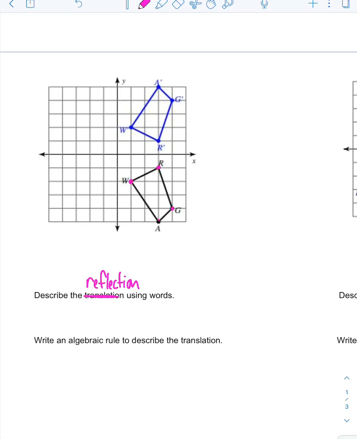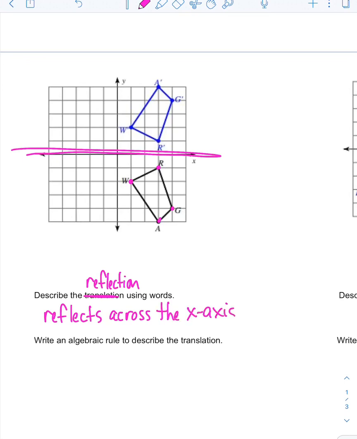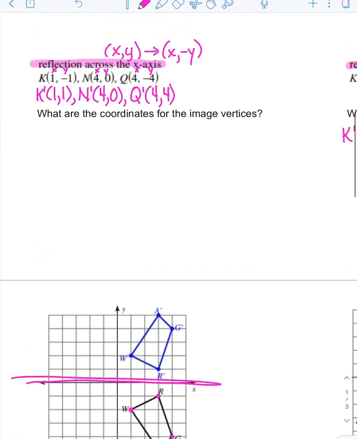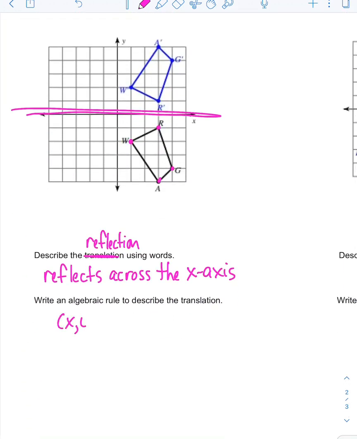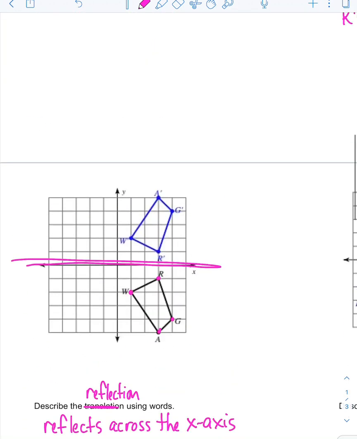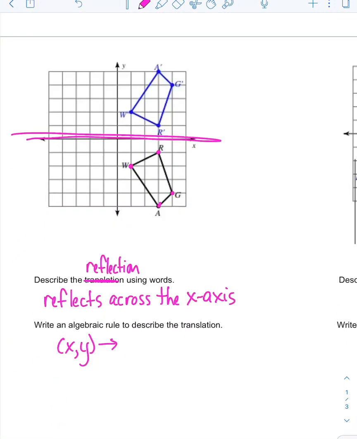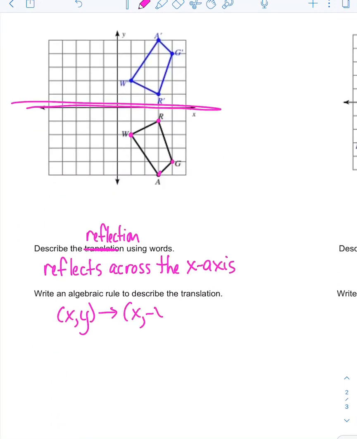Remember, the plain old letters are your starting pre-image, so it goes from the bottom to the top, so it reflects across the x-axis. If it goes top to bottom, it reflects across the x-axis. And I like these rules because it's exactly the same every time we flip across the x-axis. The original goes to, and notice I'm looking back at my notes to get that rule. Leave the x alone, change the sign of the y.